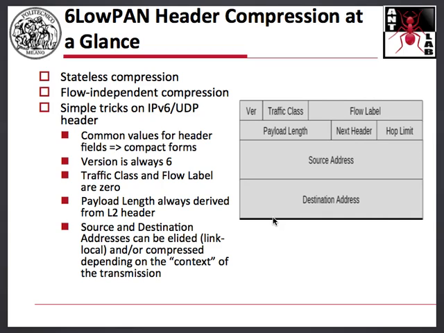And then header compression is implemented first using some tricks, or making some very obvious observations, and then implementing additional compression functionalities. Let's start from the tricks. For example, some fields of this IP version 6 header have no real use in wireless networks. So I don't really care that each packet is carrying the version 6 here.